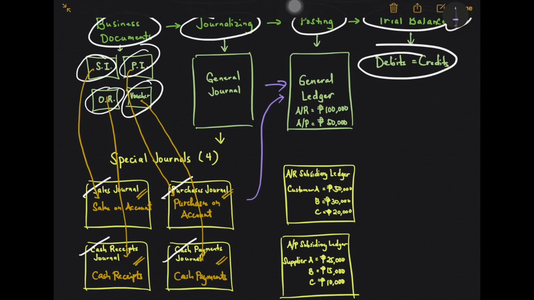To complete the information in the AR subsidiary ledger and AP subsidiary ledger, aside from just posting the AR and AP information in the general ledger, you would also do the same in the subsidiary ledgers.